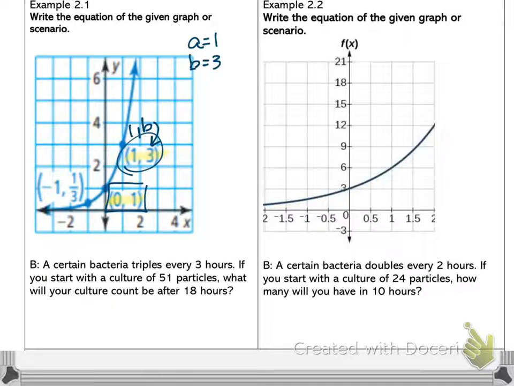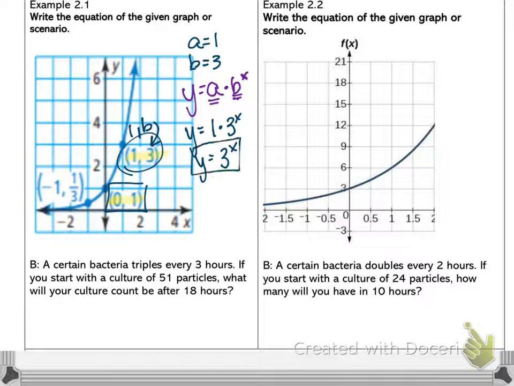So if I am trying to plug into my equation, remember my equation is a times b to the x power. All I need is a and all I need is b, and I found both of them already. So my answer is going to say y equals 1 times 3 to the x power, and I can clean that up a little bit, and I can just say it's going to be y equals 3 to the x power. All right, so again, this is based off of our y-intercept if it is equal to 1.